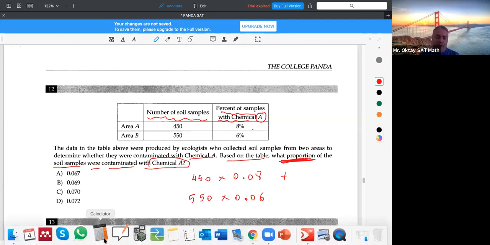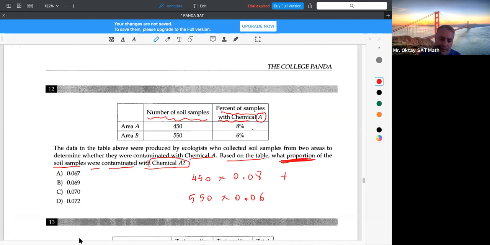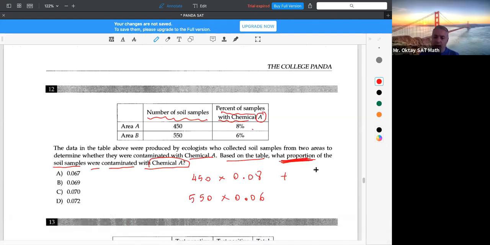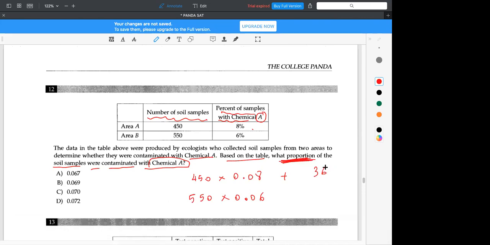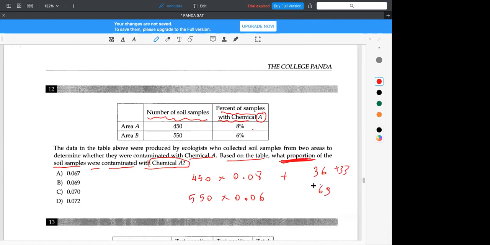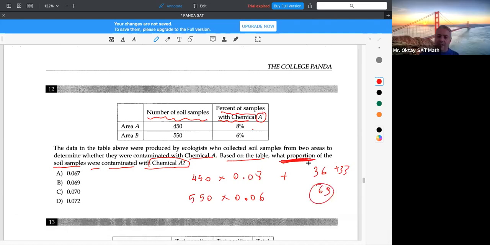So when we use the calculator, the first one is 36. Did you do it? 36. Second one? The second one I'm doing, 33, sir. 33. So it will be 69. Now 69, the case which we want.